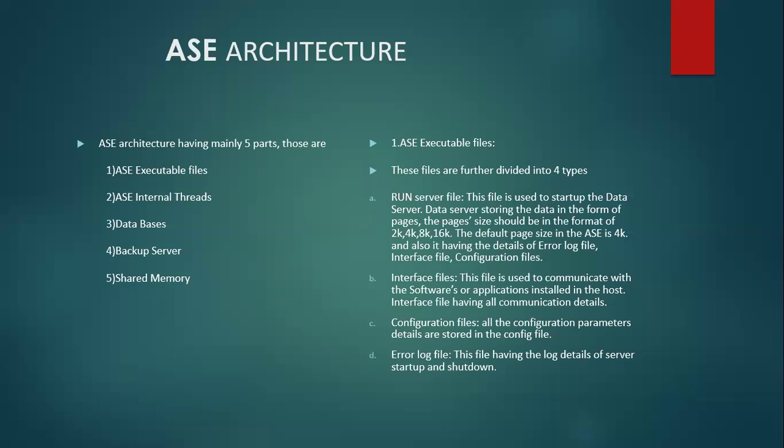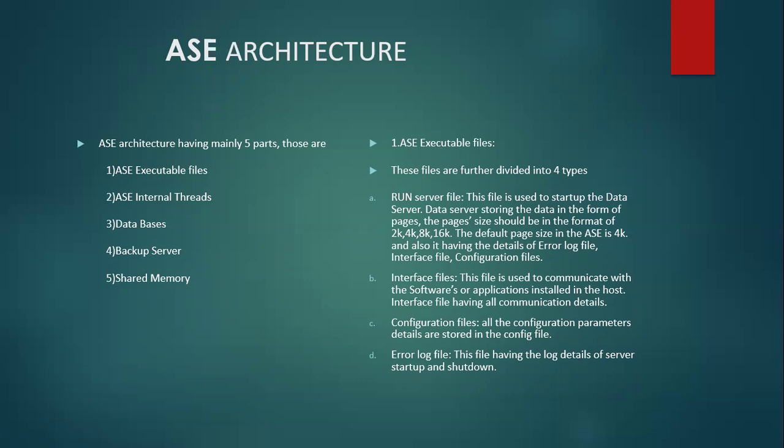The run server file is used to start up the data server. The data server stores the data in the form of pages. The page size should be 2K, 4K, 8K, or 16K, and the default page size in ASE is 4K. It also has the details of the error log file, interface file, and configuration file.